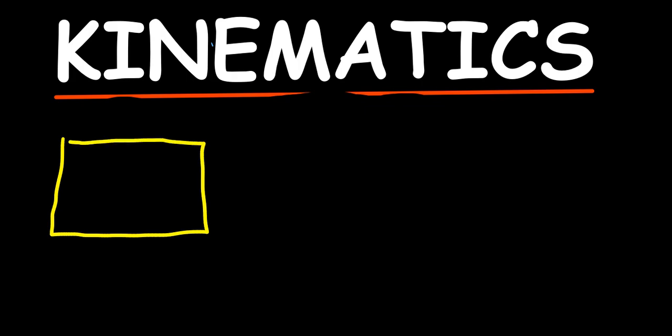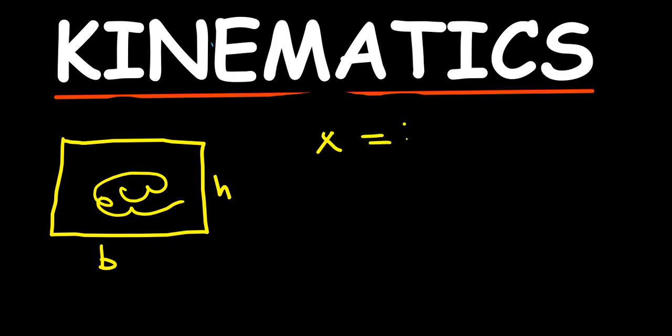How are we going to find the area of this? We know that to find the area of a rectangle, we just multiply b by h. So it means area or distance, if this is the shape that we have, is just going to be equal to b multiplied by h. So this will be our distance.